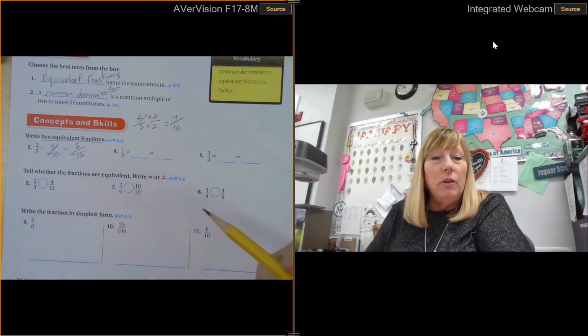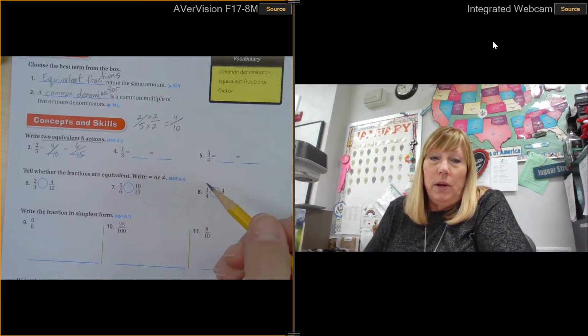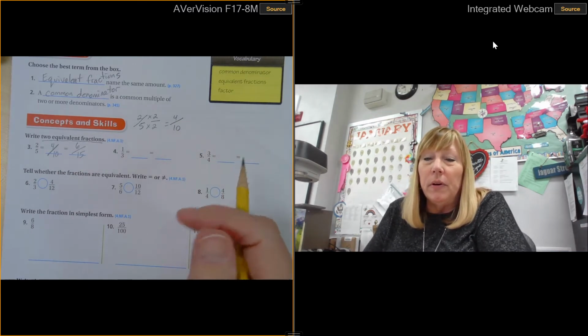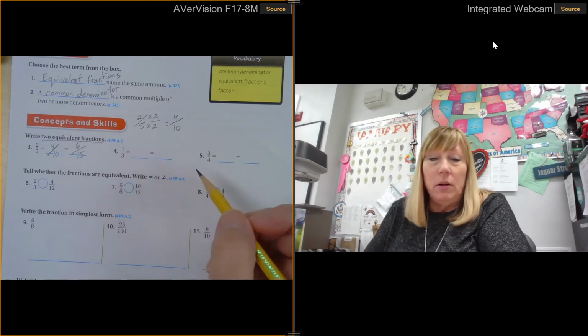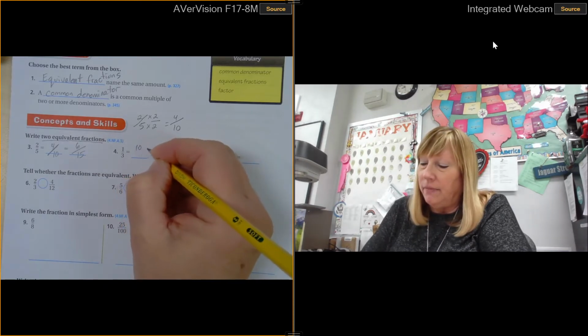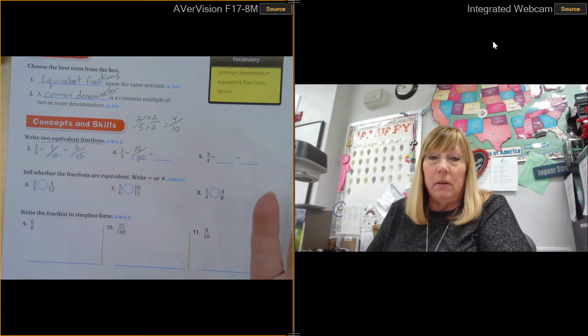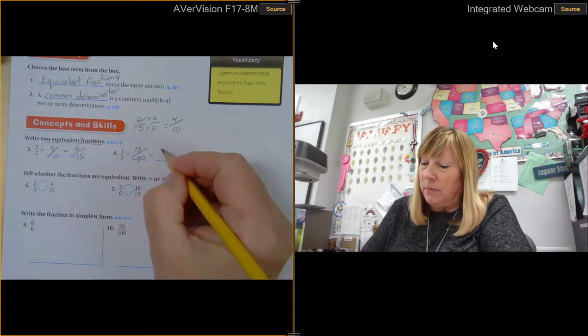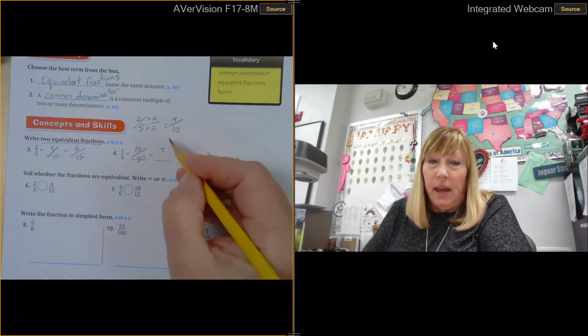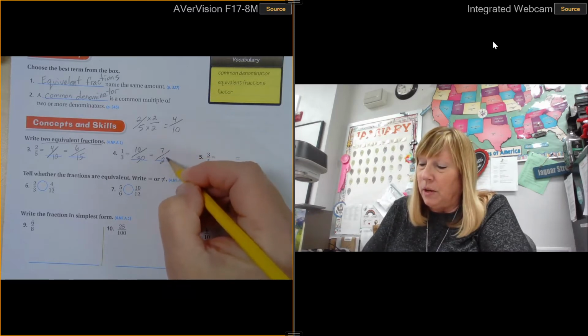We could go here to 1/3. We could pick any whole number like 10 out of 10. We could do 1 times 10 is 10, and 3 times 10 is 30. We could pick the number 7. 1 times 7 is 7, and 3 times 7 is 21.